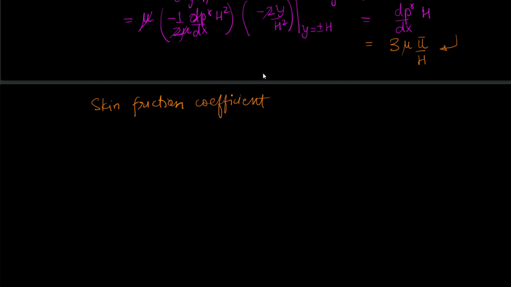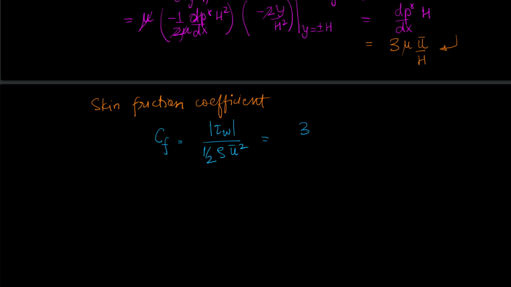The skin friction coefficient is given by Cf. It is equal to the magnitude of the wall shear stress divided by half rho u bar square. So it is a sort of measure of the shear stress to the dynamic pressure.